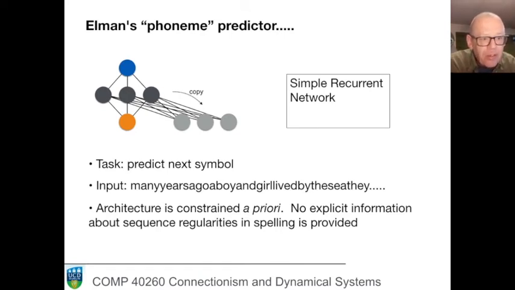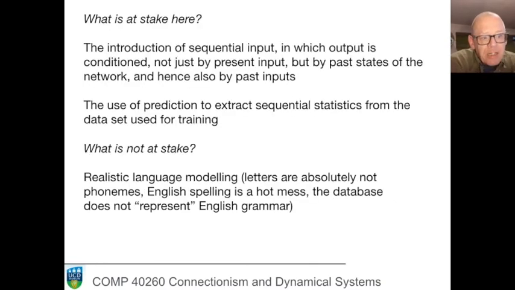So what is at stake here? At stake is the use of sequential input in which the output is conditioned not just by the present input, but by the past states of the network. And we have a novel task structure in which we're trying to predict something which can't be predicted with perfect accuracy, but where we can do better than nothing, precisely because over the data set, the training set as a whole, there are sequential statistics.